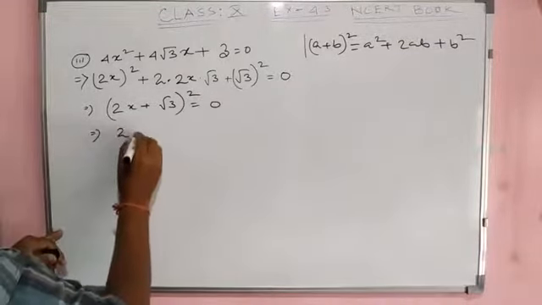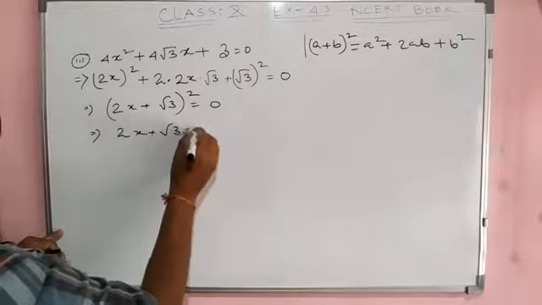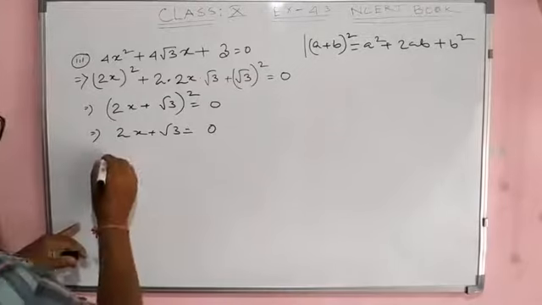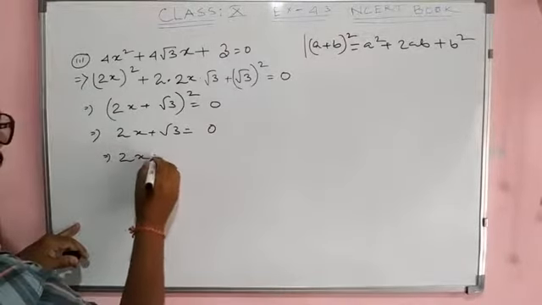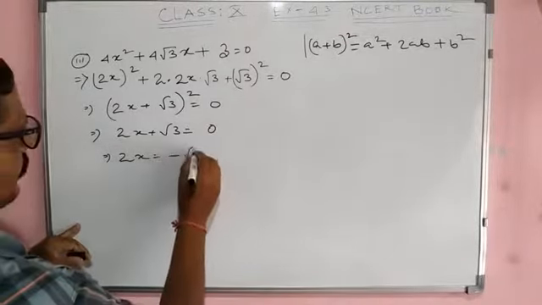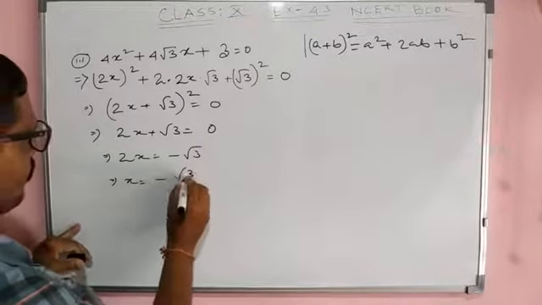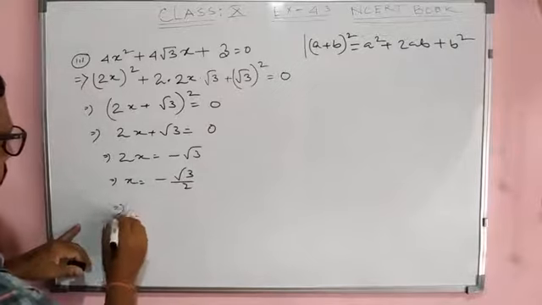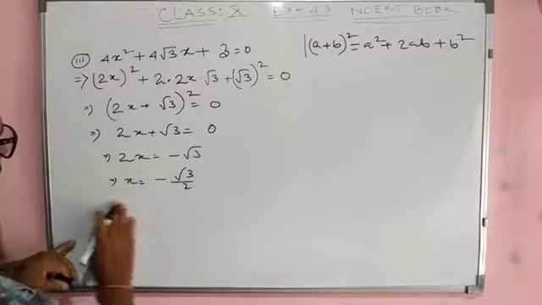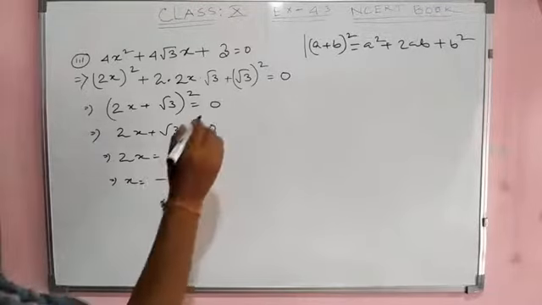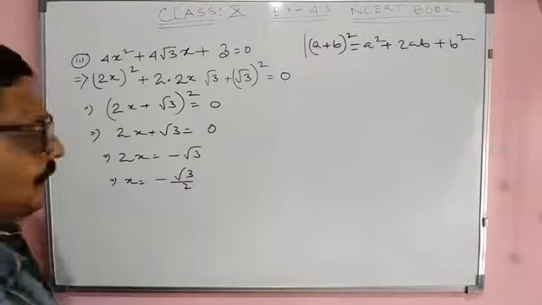This implies 2x plus root 3 equals the square root of 0, which is 0; 0 can never be negative. Now 2x equals minus root 3, transferring this, so x equals minus root 3 by 2. So the value of x is minus root 3 by 2, and here both the roots are equal.